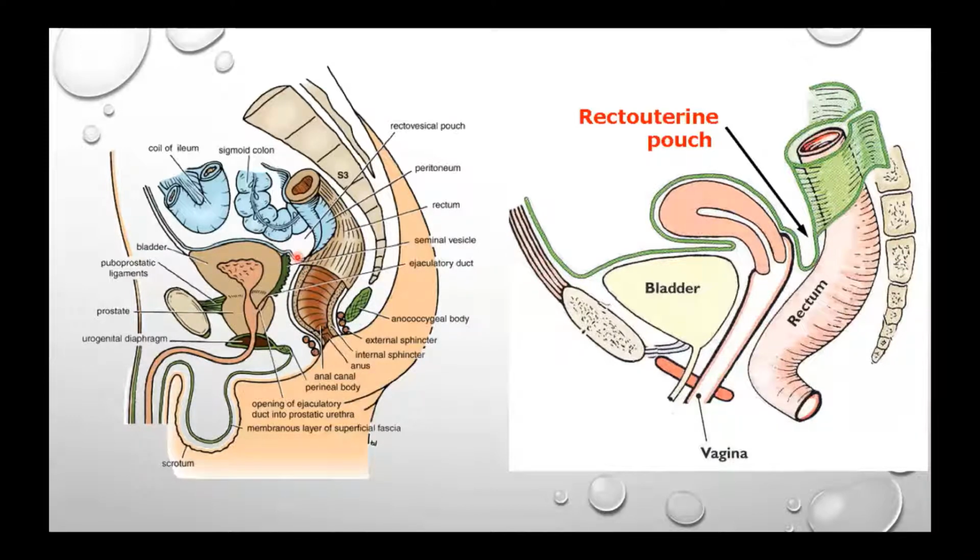Whereas in females, it is between the bladder and the uterus, so it is called the utero-vesical or vesico-uterine pouch. In this picture, you can also see the recto-uterine pouch, also known as the pouch of Douglas, very special for the female body.